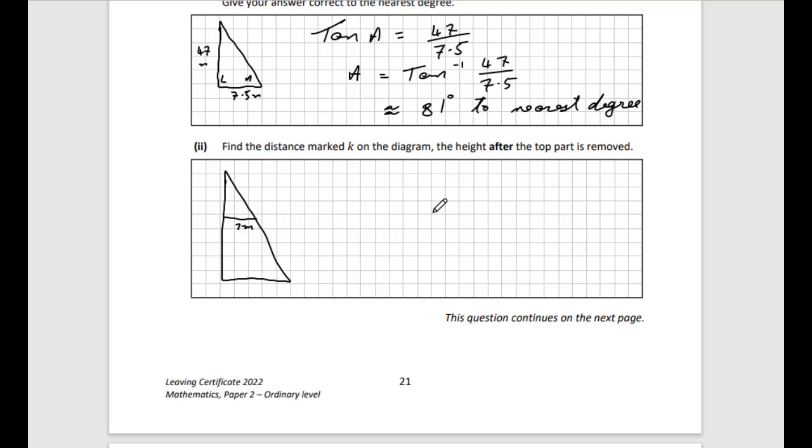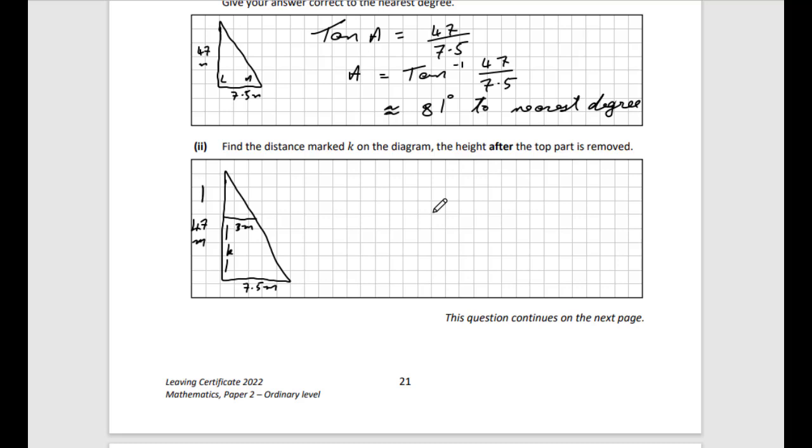This is 3 meters here, and down along here you've got 7.5 meters. The height is 47 meters, and we know that this is K meters here, which is what we've got to work out.